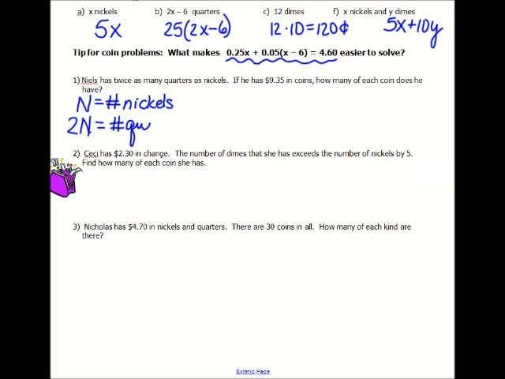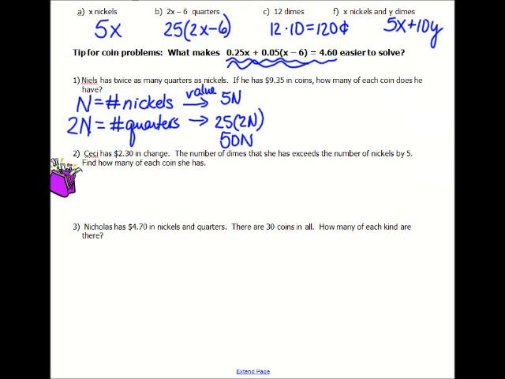Now we need to think about what are their values, okay? So the value of N nickels is 5N. And the value of 2N quarters is 25 times 2N, which is 50N. Make sense? And the total value is $9.35.